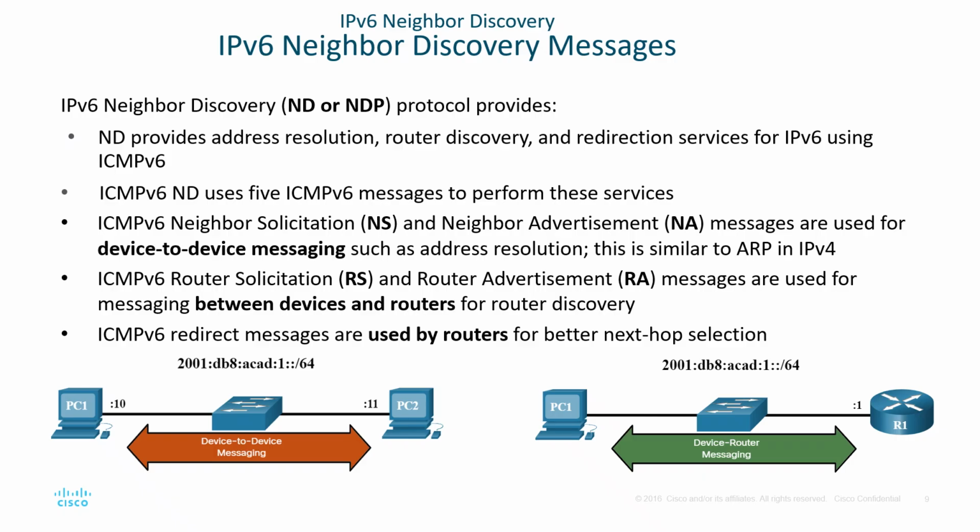This is because when they revamped and upgraded from IPv4 to IPv6, they put in more controls that handle operations so that we don't need another outside protocol in order to do the functionality. Now, ICMPv6 redirect messages are used by your routers for better next hop selection.